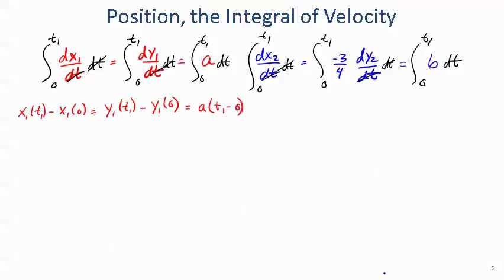So that's what it looks like for our path. And for our friend's path, you're going to get x2 at t1 minus x2 at time 0 is going to equal negative 3/4 times y2 at t1 minus y2 at time 0. And that is going to be equal to b times t1 minus 0.